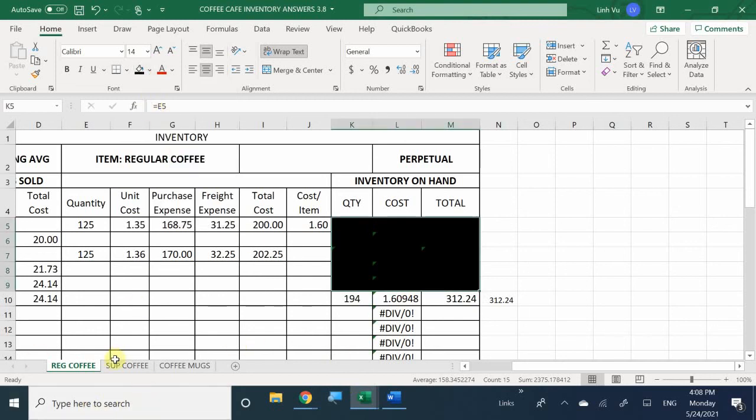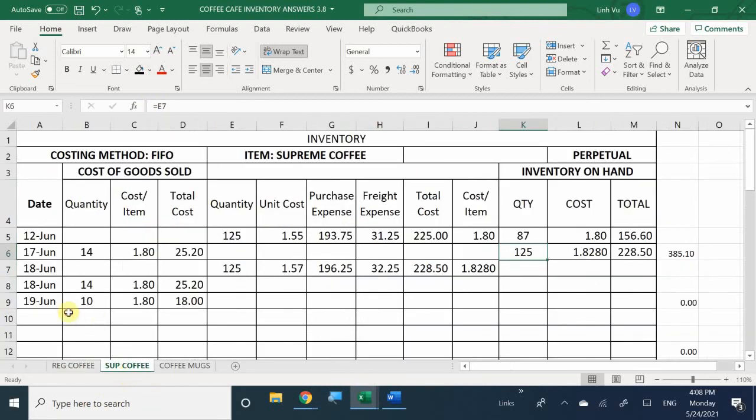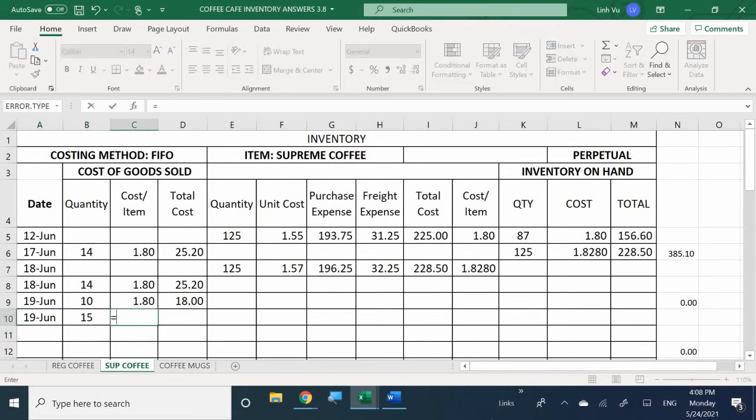So let's go ahead and finish up your Supreme coffee. How many pounds did we use? I think it's 15. Okay, so it's this one here. We are looking at our total cost, which is quantity times the cost, because in this case our cost is a stable variable.